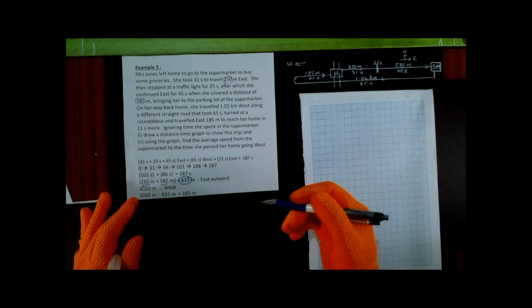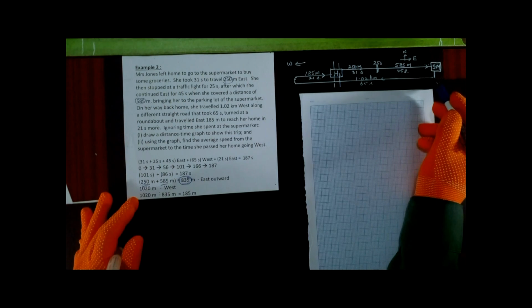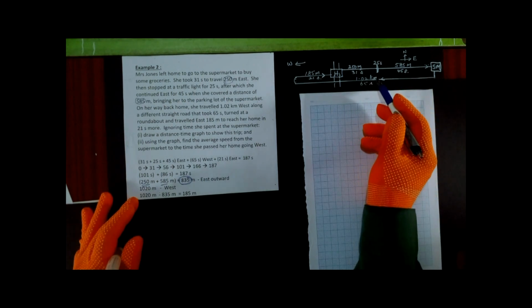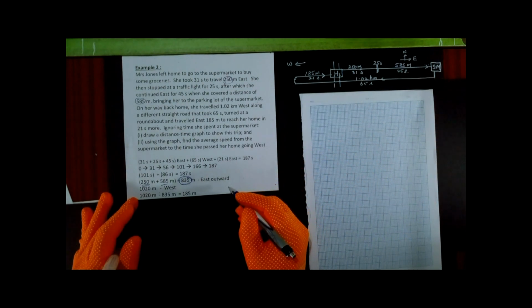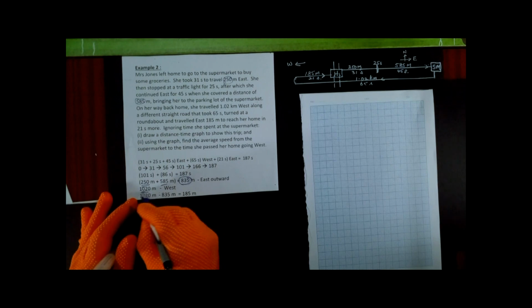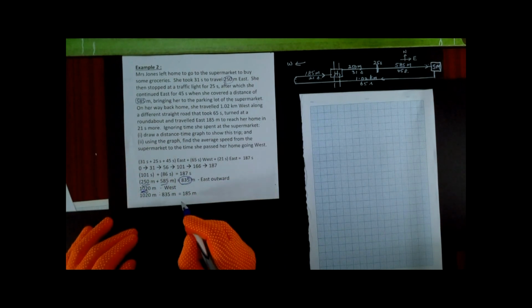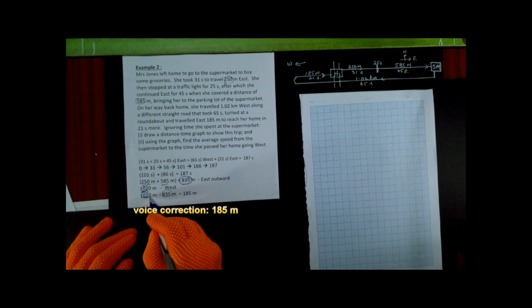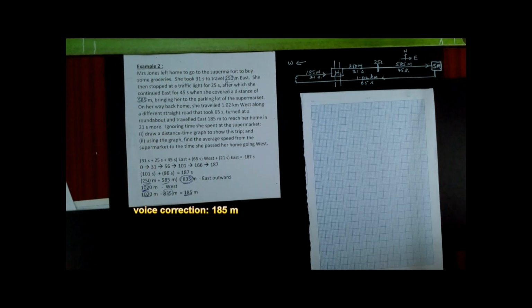Now when we go west, 835 meters east, so go west like that, 1.02 kilometers, which is 1,020. So now that means if we take out that 835 from the 1,020, we have 185 meters in the opposite direction.